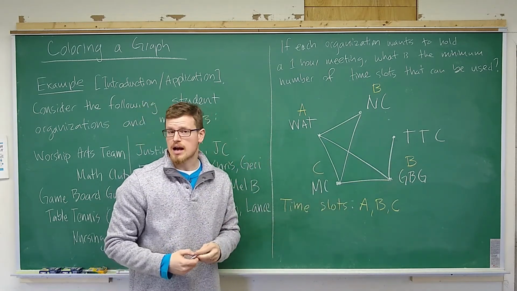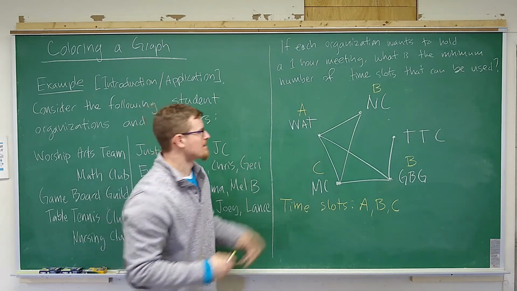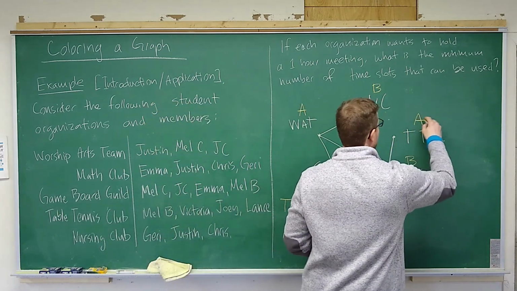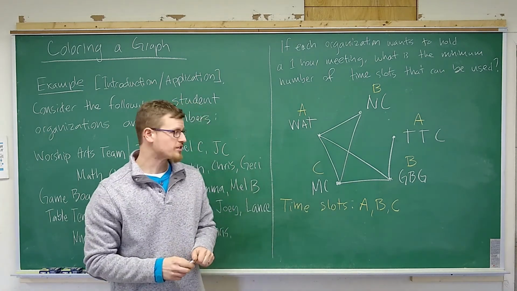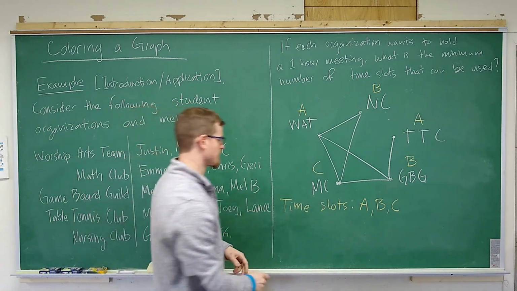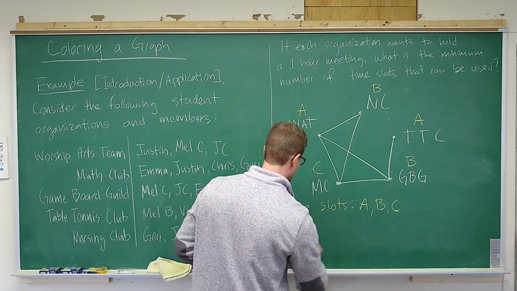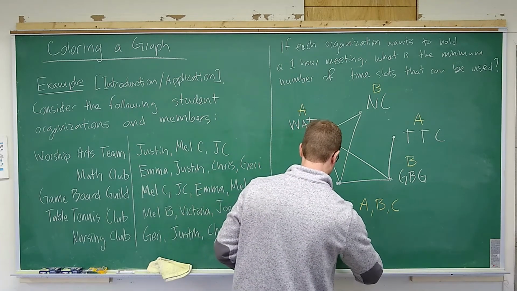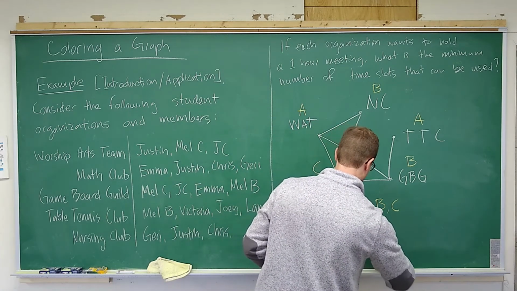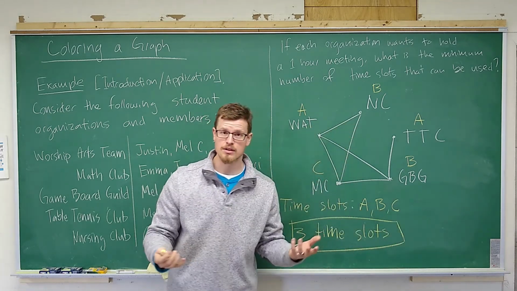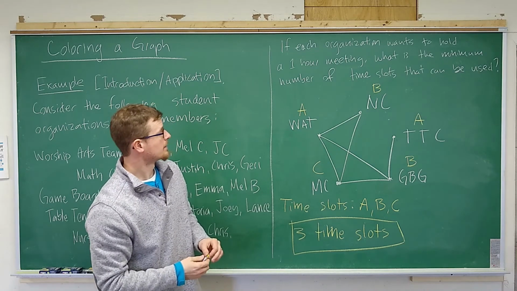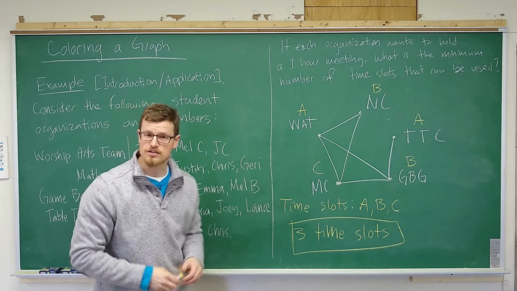So that gives us the option of time slot A or time slot B. Choosing arbitrarily, we can say A. But that assigns a time slot to each of the organizations, and we can find ourselves having only 3 time slots as the minimum number of time slots that these organizations can have their meeting.